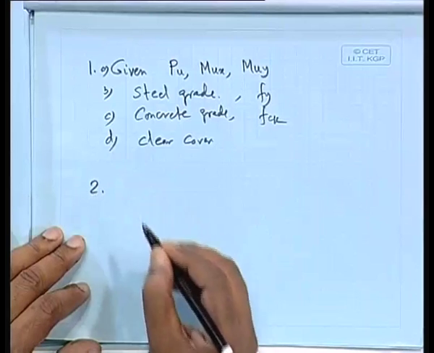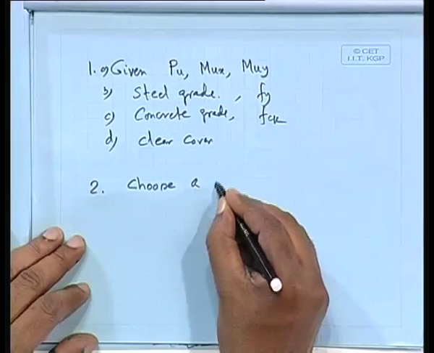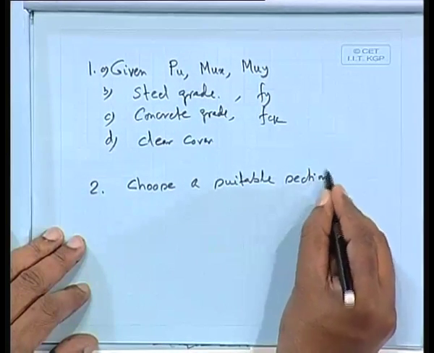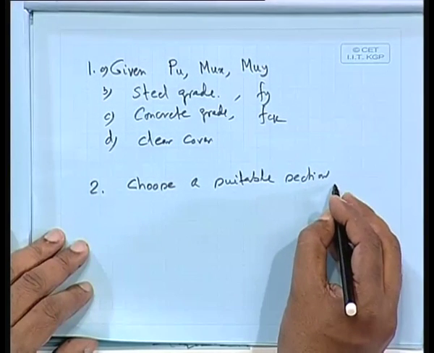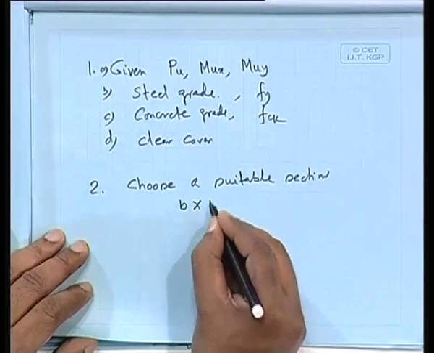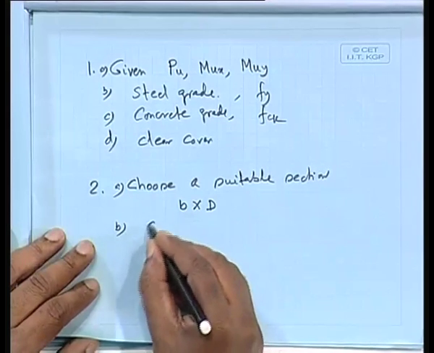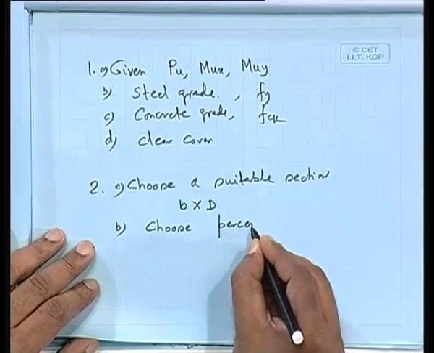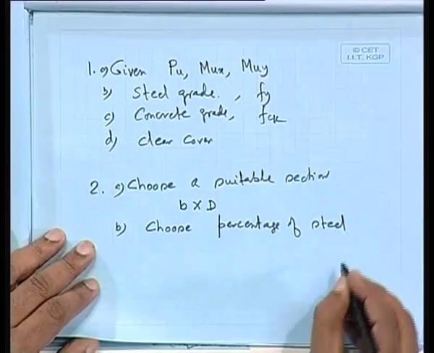Now, what we have to do, choose a suitable section, let us say B times D. Also choose percentage of steel, that is say p.